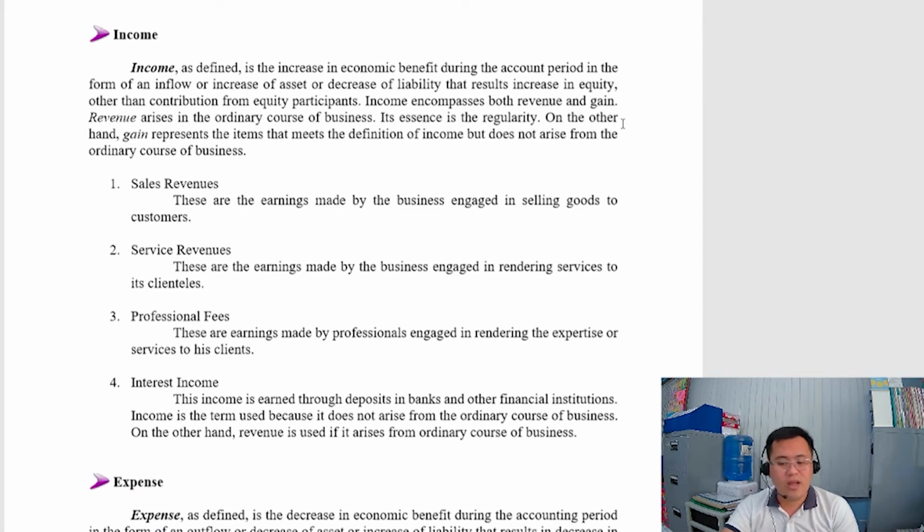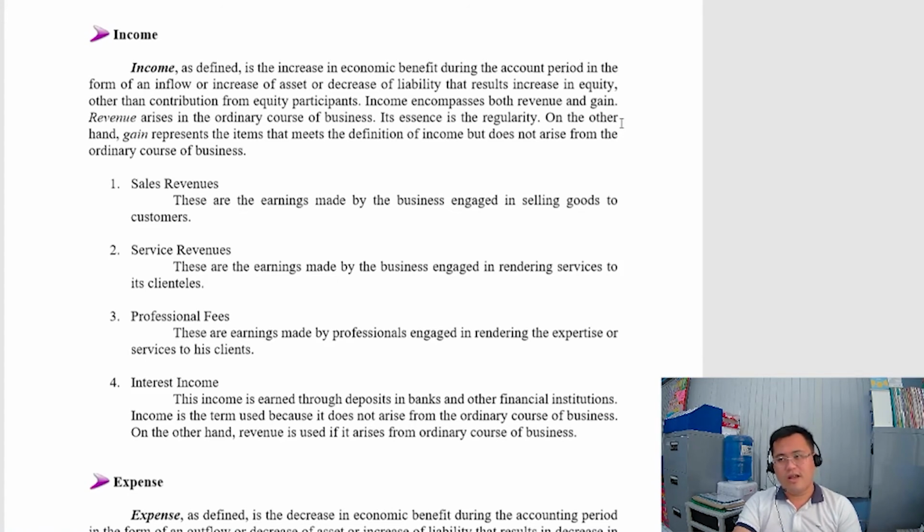bank account. That 100 pesos does not relate to your daily operations in the performance of your business, because this gain or this income is attributed to depositing your money in that certain account in a bank, wherein over a certain period of time your money grows.